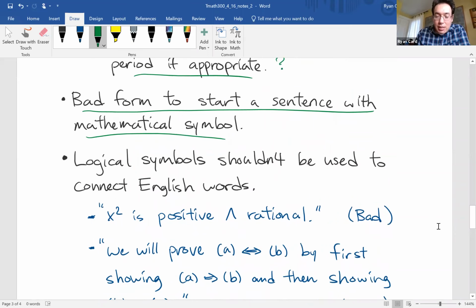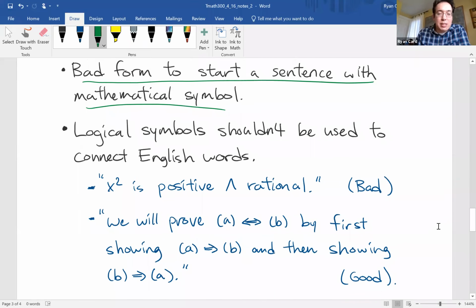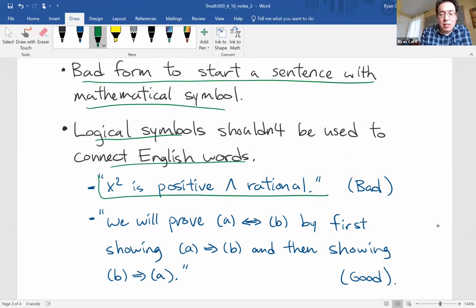Another thing that might not be obvious is that sometimes logical symbols are appropriate, but you shouldn't mix in logical symbols to connect English words. An example might be something like this. This is a bad way to use logical and.